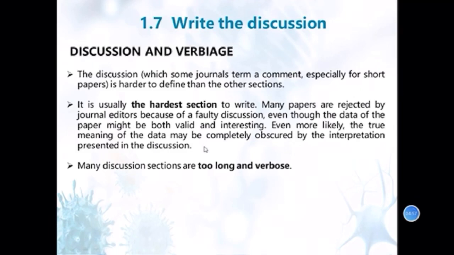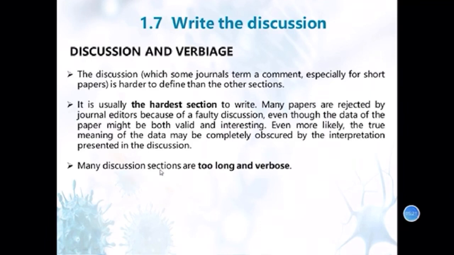So, sometimes, if you get good data, you have to spend more time to focus on writing the discussion part. And then your paper can be published in a higher-level journal.